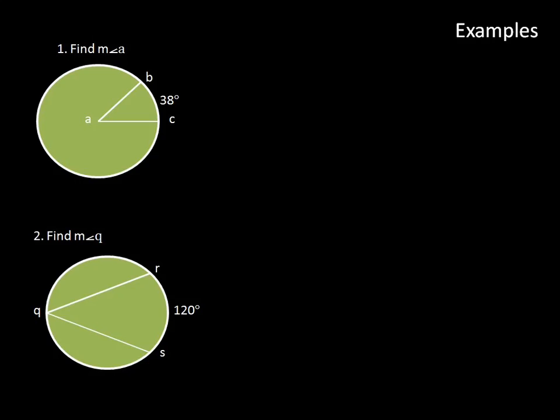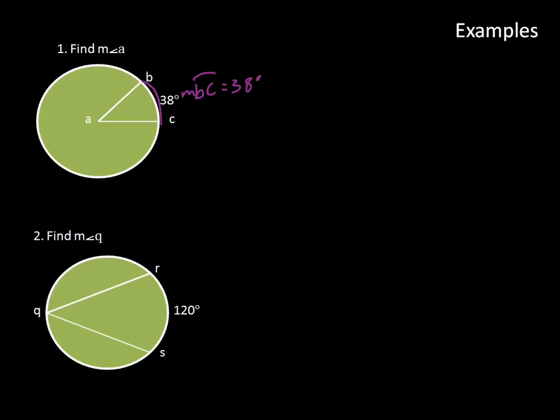So here are some example problems. Number one says find the measure of angle A. Here we have 38 degrees for our arc BC, so we know the measure of arc BC is 38 degrees.